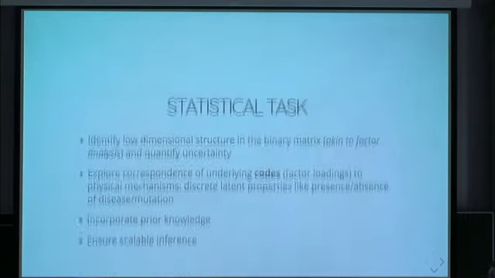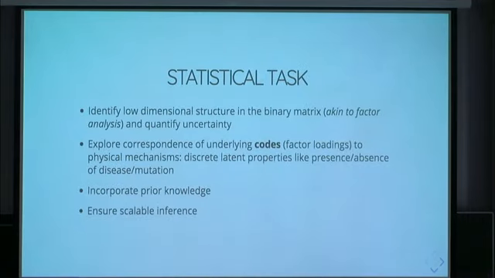So that's of interest. We want to identify the low-dimensional structure, hence the analogy to factor analysis, a kind of compression. We want to quantify the uncertainty in the structure that we identify, and ultimately, particularly in the biological data, where we have a way in to putative mechanisms, we would want to explore the correspondence of any underlying codes, i.e. factor loadings, to physical mechanisms, such as etiology and disease properties.